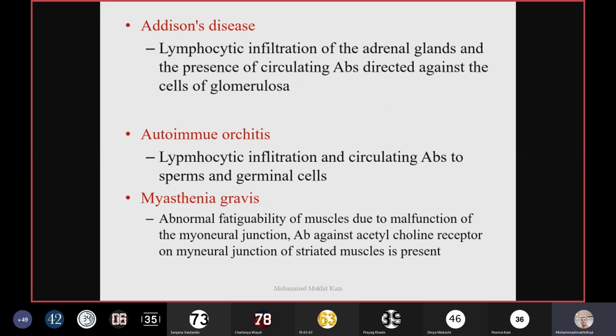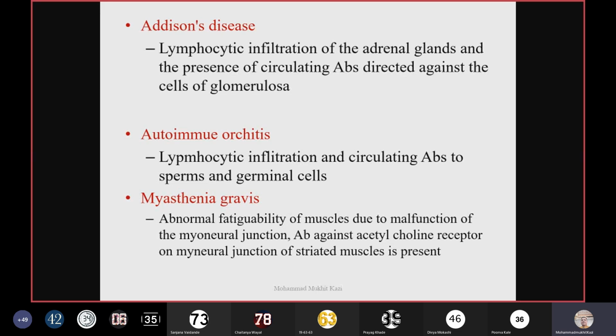Now coming to the next disease, Addison's disease. Lymphocytic infiltration of the adrenal glands and the presence of circulating antibodies directed against the cells of the zona glomerulosa. So that is why the patient is suffering from Addison's disease, because their own antibodies are produced against the glomerulosa.